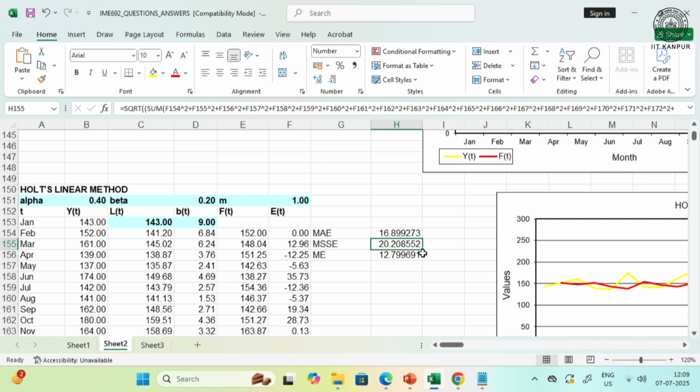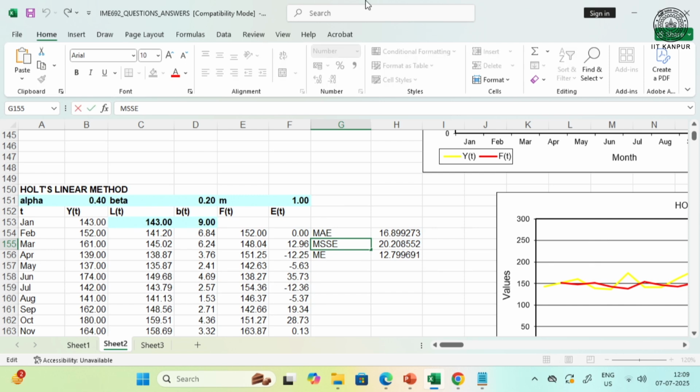So, the square root of which, I will put it here, not the mean square error, I will put the SQRT. Remember SQRT is just a short form for square root.